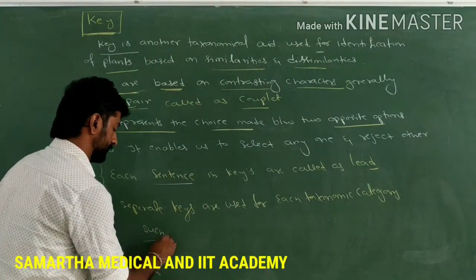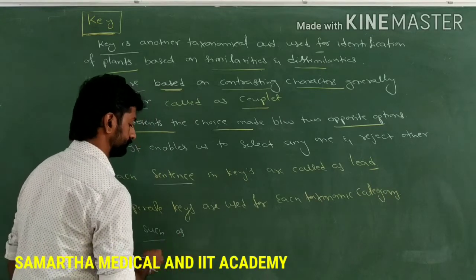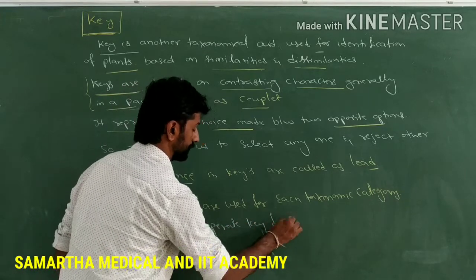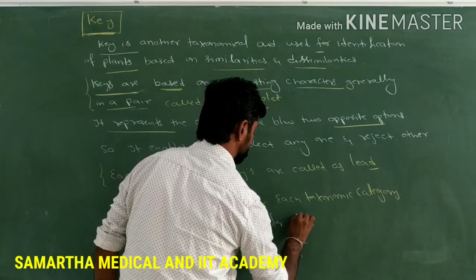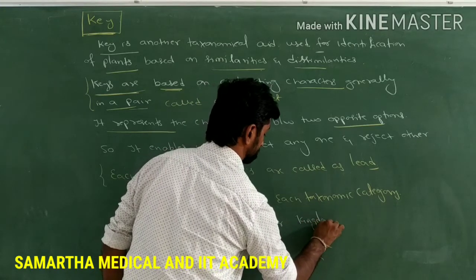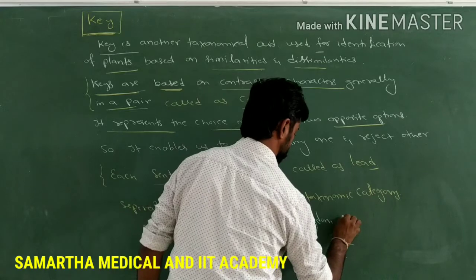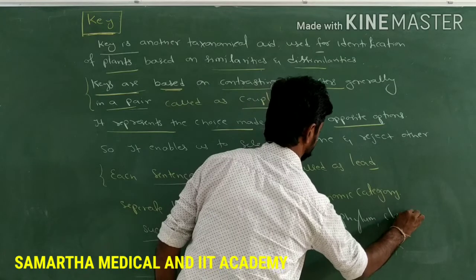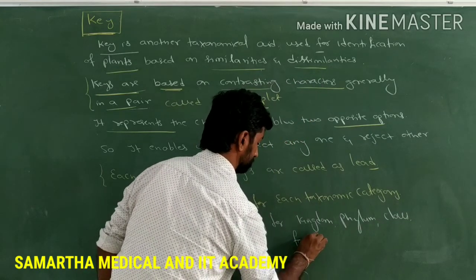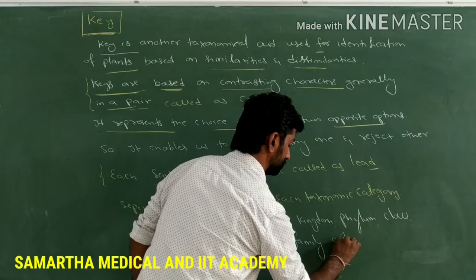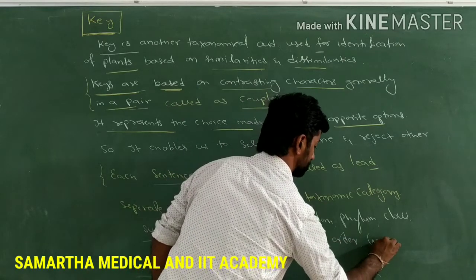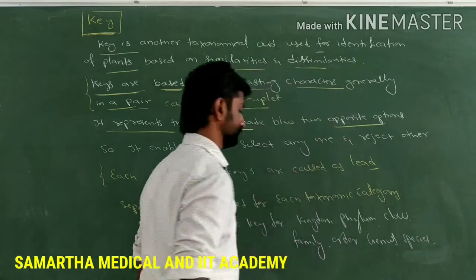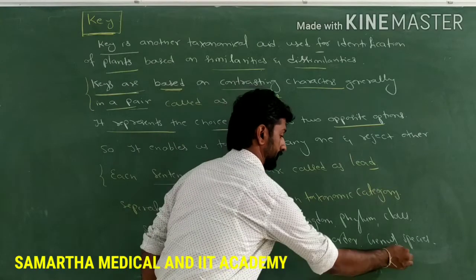Separate key for identification of kingdom, next phylum, class, order, family, genus, species. So there are 7 taxonomic categories.